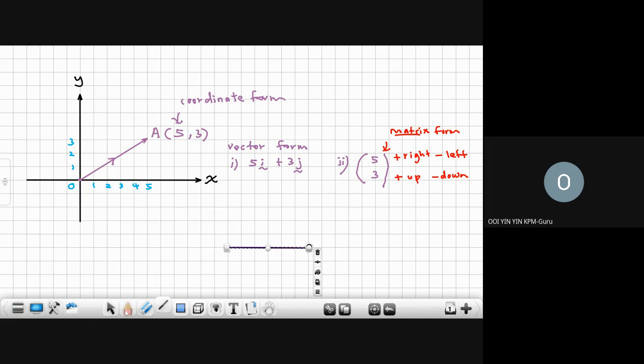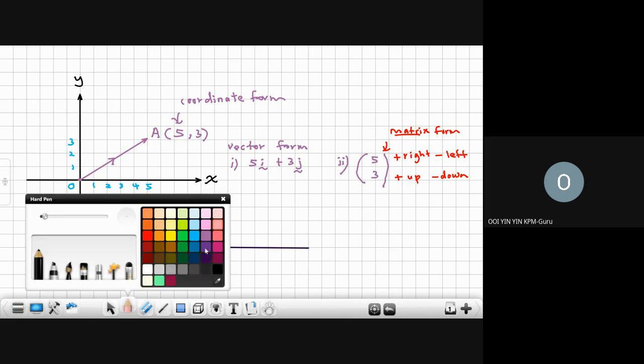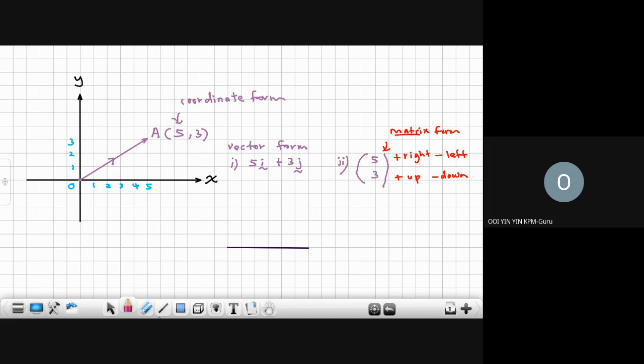Now let's say this is your vector AB, and then you count how many units this vector is. The length of this vector is also, as I said just now, the magnitude, right? What is meant by magnitude? That means the length of your vector. Now magnitude is equal to length of your vector.